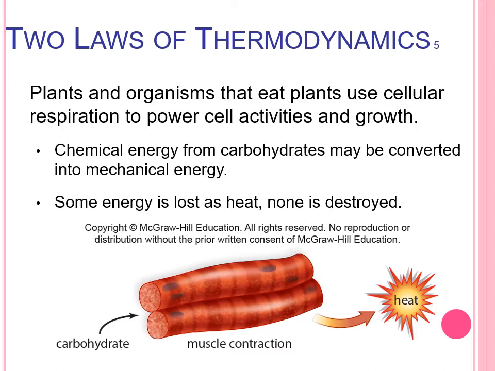Heat is a form of enthalpy in our energy equation that we'll get to a little later. But this heat can't be used to do any work. It's just a byproduct, a wasted byproduct. But we'll see the laws of thermodynamics working here again, where the energy is being converted. We're not talking about generating new energy, but this converted energy is able to then do some work.